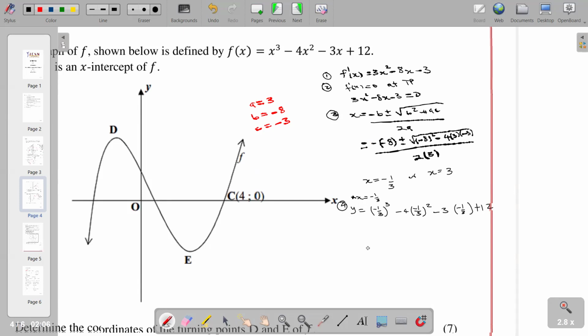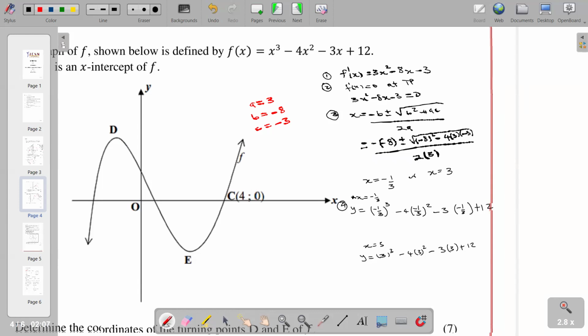Then we also need the other y, that is when x is equal to 3. So y is equal to 3 cubed minus 4 times 3 squared minus 3 times 3 plus 12. Here you just have to go to the calculator.